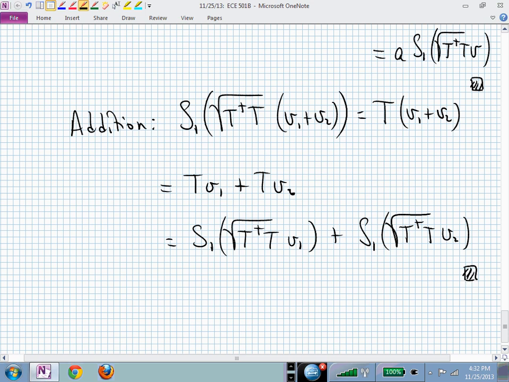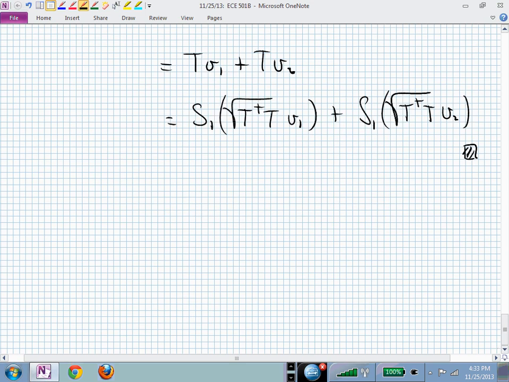So now our map S1 is well behaved. It has this uniqueness property, and it is a linear map. Now we can go back to some of these earlier results from a couple of equations, 742 and 743.